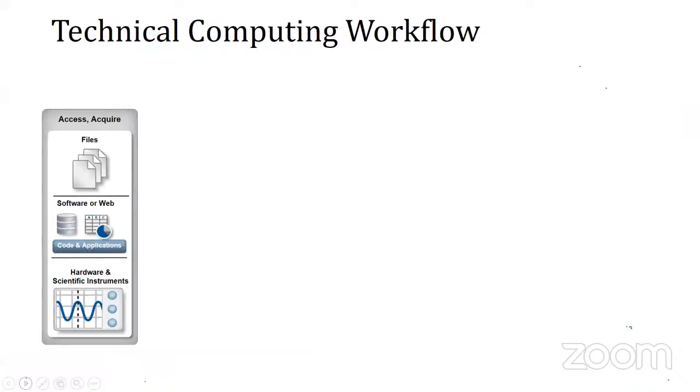Next thing is the technical computing workflow. So what is the technical computing workflow? While you are dealing with any kind of data, it may be text data. While you are dealing with some machine learning algorithm at a very early stage, you have to deal with some data.